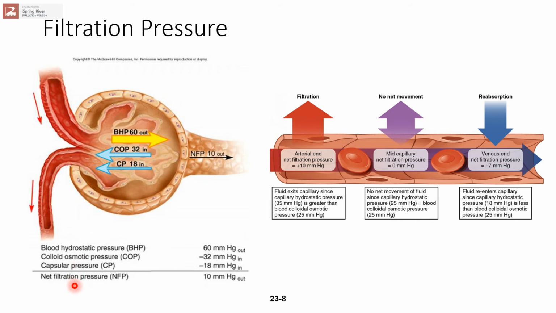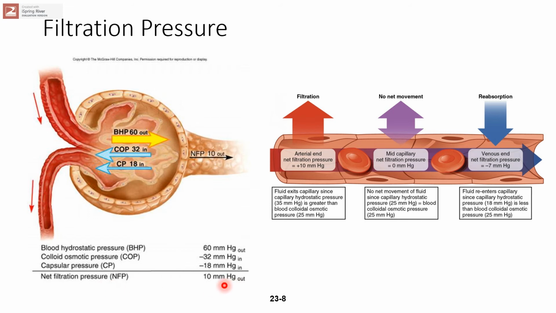So the net filtration pressure finally amounts to approximately 10 mm of mercury that is exerted on this area. Okay, and let's see, the net hydrostatic pressure is sufficient to push water through the membrane despite the osmotic pressure working against all the pressures in here. And the sum of all the influences, both osmotic and hydrostatic pressure, results in the net filtration pressure.